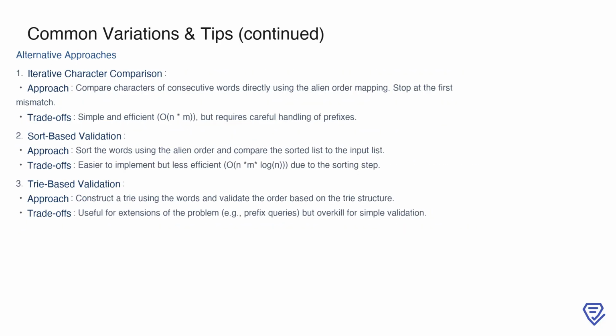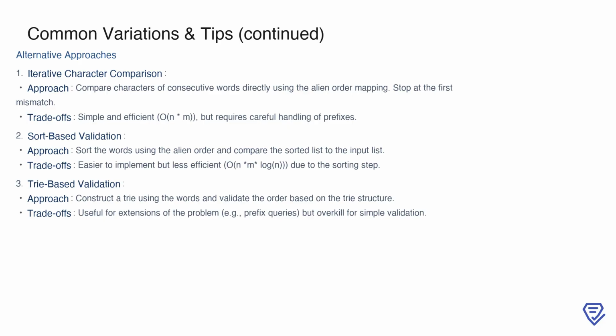There are a few alternative approaches you could consider for this problem. The first is iterative character comparison, where you directly compare the characters of consecutive words using the alien order mapping and stop at the first mismatch. This method is simple and efficient, with a time complexity of O(n*m), but it requires careful handling of prefix relationships. Another option is sort-based validation, where you sort the words according to the alien order and then compare the sorted list to the original input.